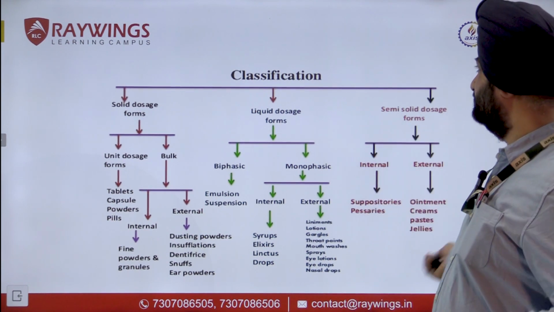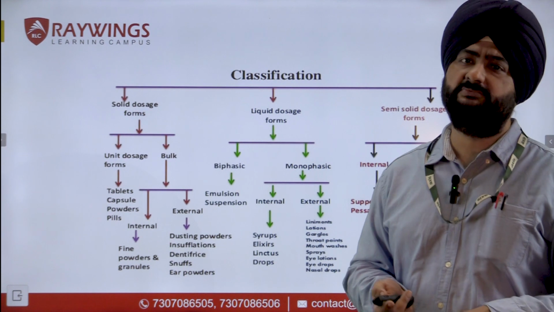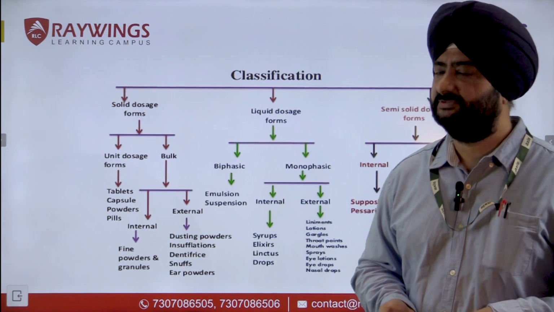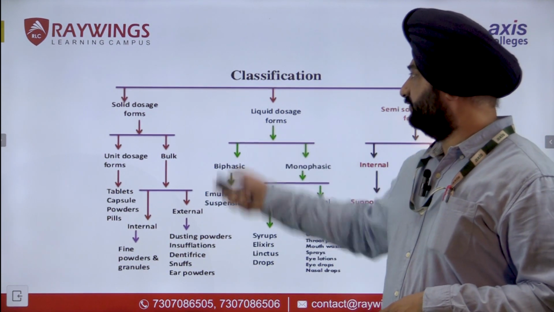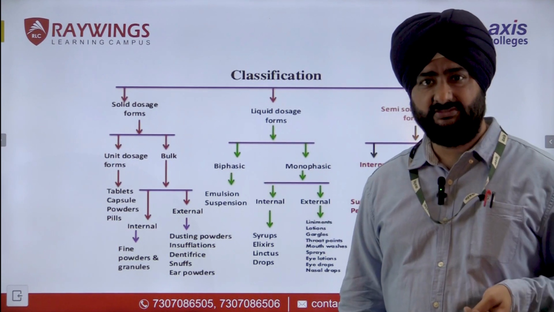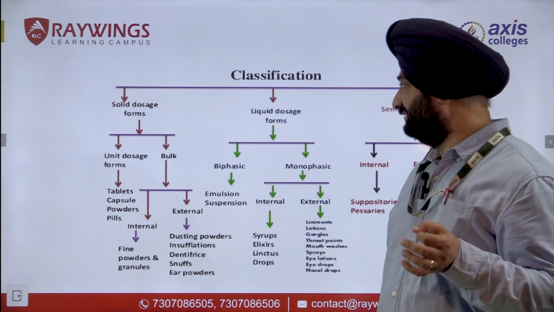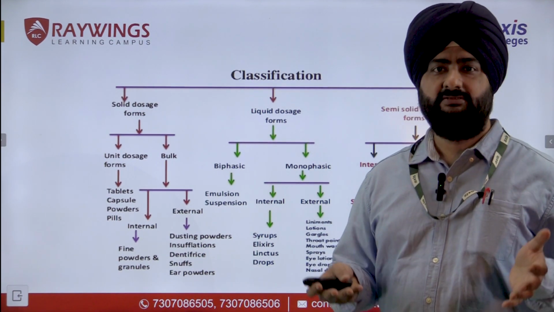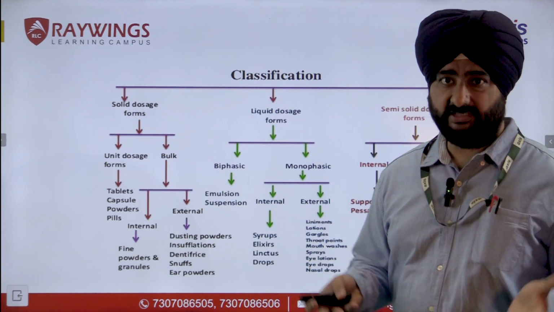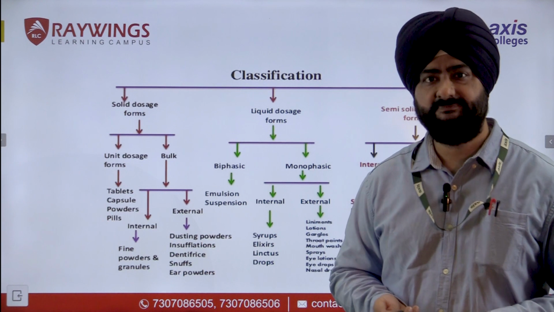So this is the whole classification of solid dosage forms, liquid dosage forms, and semi-solid dosage forms. Solid dosage forms further break into two parts: unit dosage forms and bulk dosage forms. Unit means single, bulk means a good quantity, a large quantity. In unit dosage forms, we cover tablets.